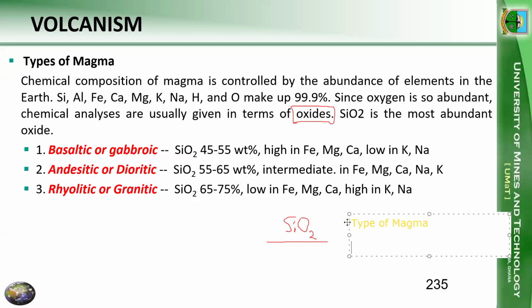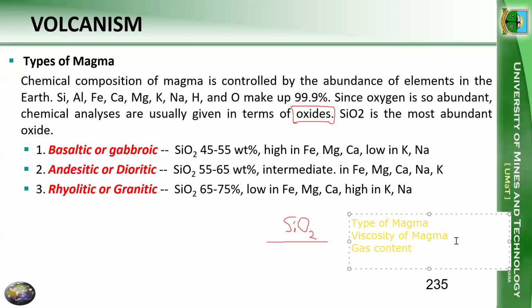Second, we are going to talk about the viscosity of the magma. Next, we are going to talk about the amount of gas content, the gas contents of the magma.